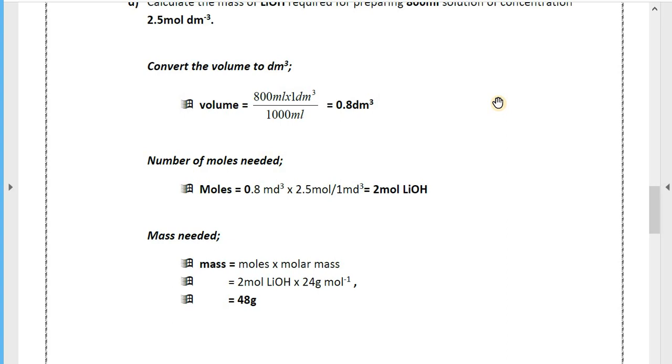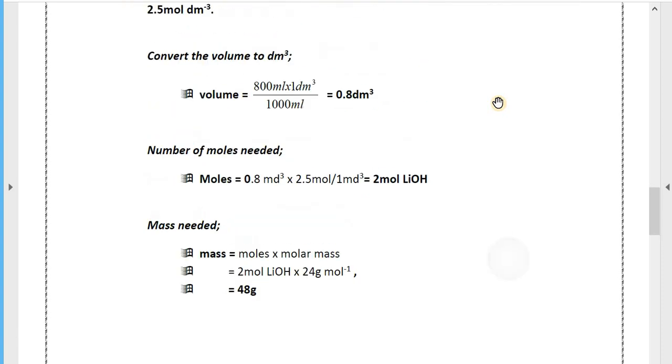You're going to add the mass of lithium plus the mass of oxygen plus the mass of hydrogen, and that's going to be 24 grams molecular mass. But then you have 2 moles. So you say 24 grams multiplied by 2, that's 48 grams.